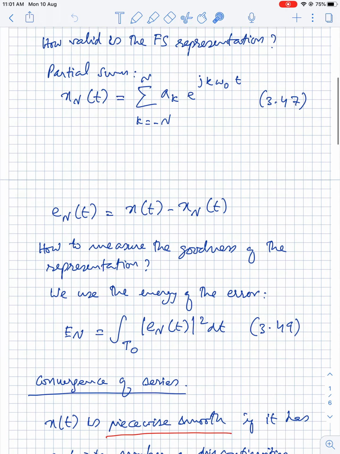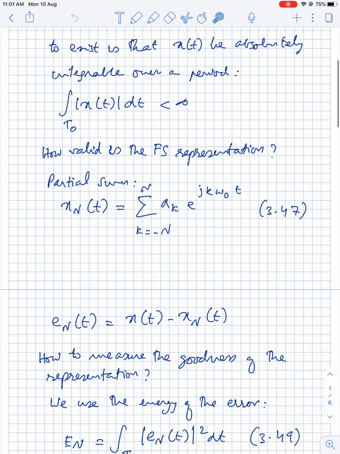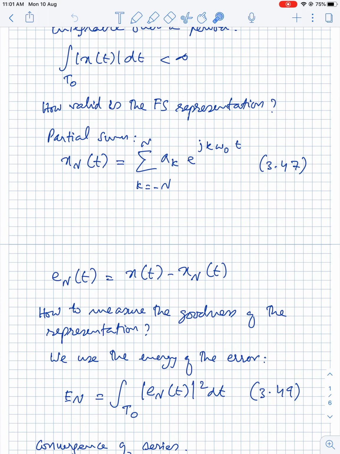What that means is that at every value of t, this partial sum x N of t approximates x of t with an error less than or equal to some value.